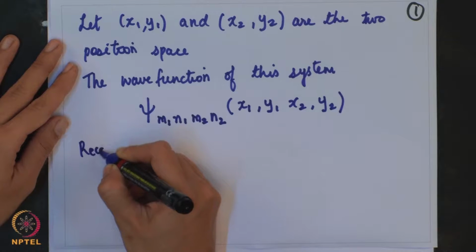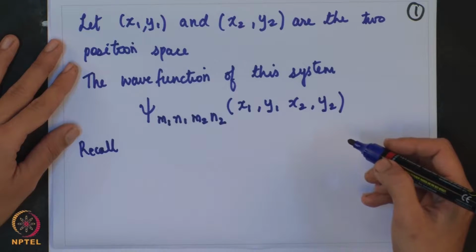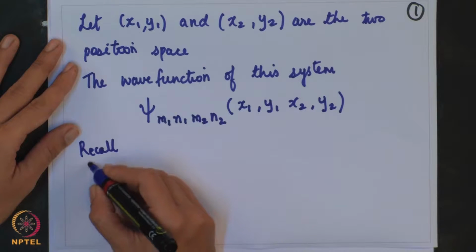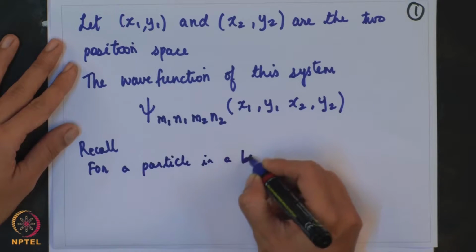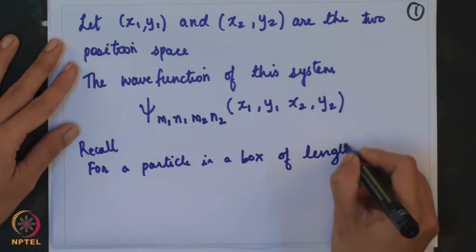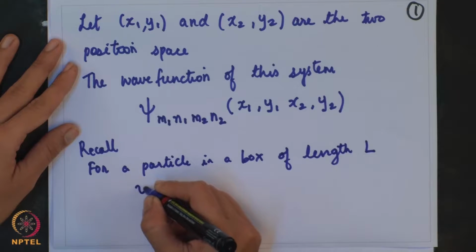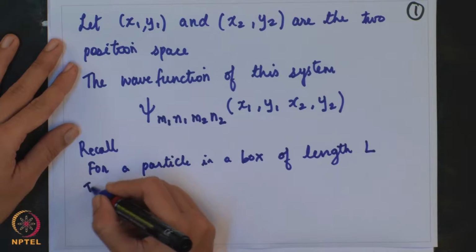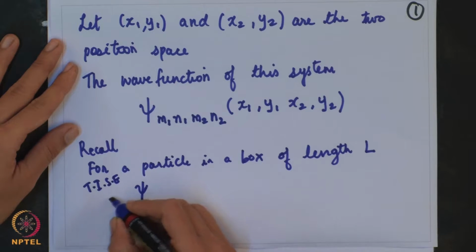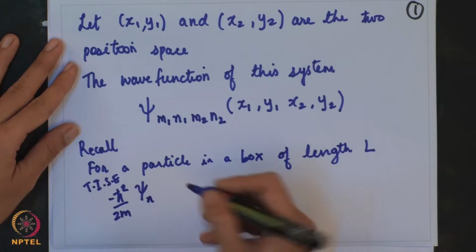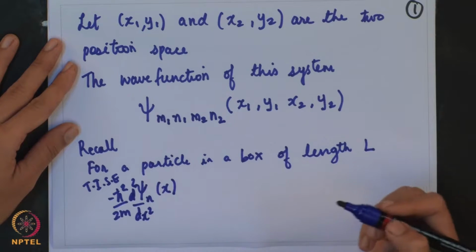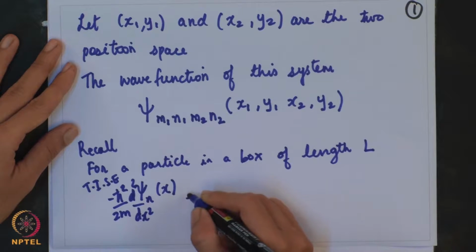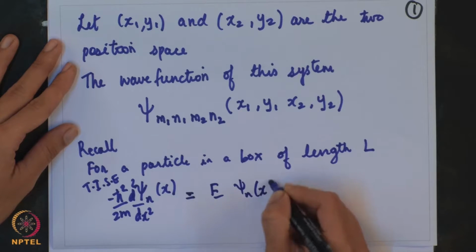Just recall, before we go to finding the wave function and energy, for a particle in a box of length L, the time independent Schrodinger equation was given by minus h cross square upon 2m d square psi n by dx square. This is the kinetic energy operator, plus if I consider a free particle, the potential is zero.